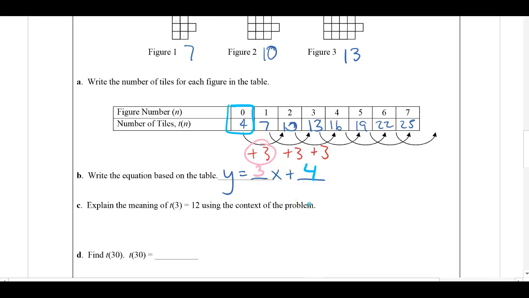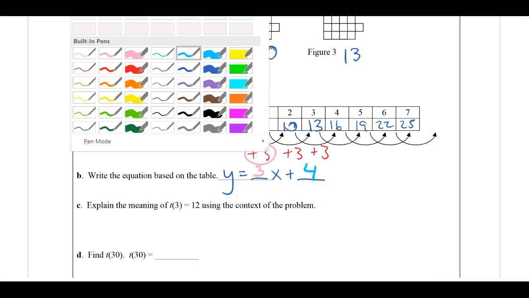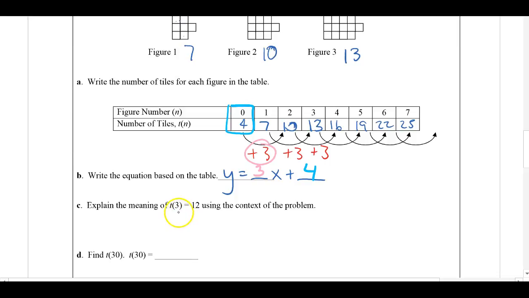That's our equation. Now the next question says, explain the meaning of t of 3 equals 12. Remember, in this problem, the 3 is the input, or the figure number, and 12 is the output, and in this problem, the number of tiles.